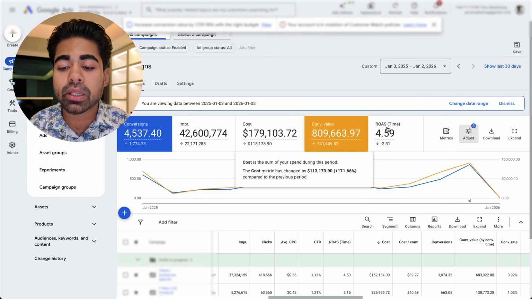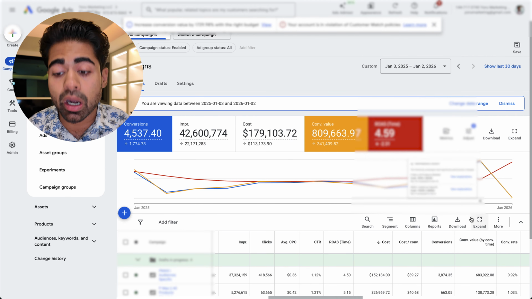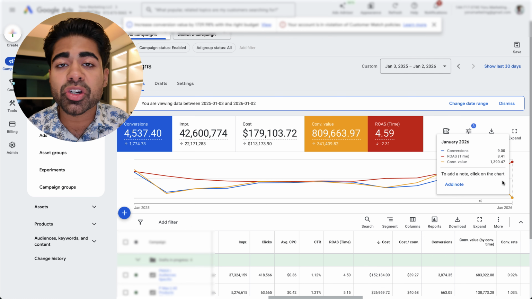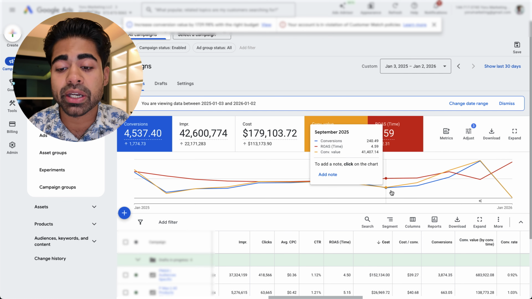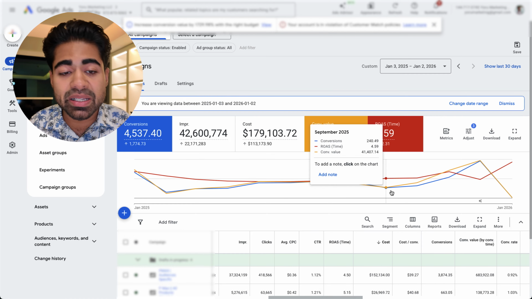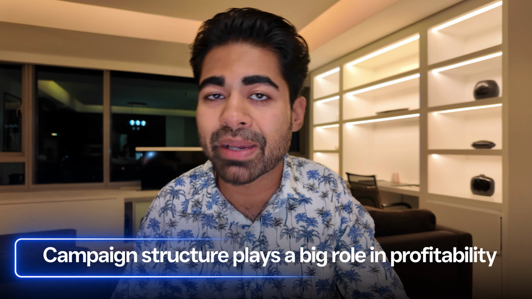In fact, if we look at the overall ROI for this level, it dropped to roughly a 4.33x, where on a bare minimum, they want to be roughly at a 7x and 8x ROI after spending $50,000 to $60,000 in total ad spend, which they have not been able to do for the duration that this business has been on Google Ads. So campaign structure plays a big role in profitability overall for the business. But at the end of the day, you can't just get away with a proper campaign structure if you're not looking at the right metrics.